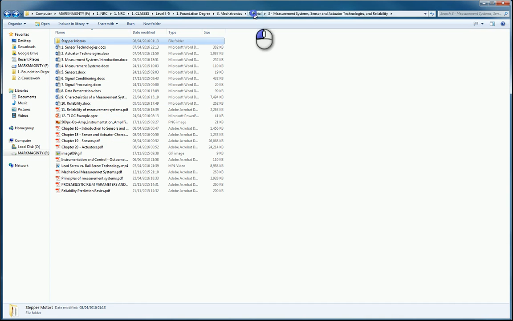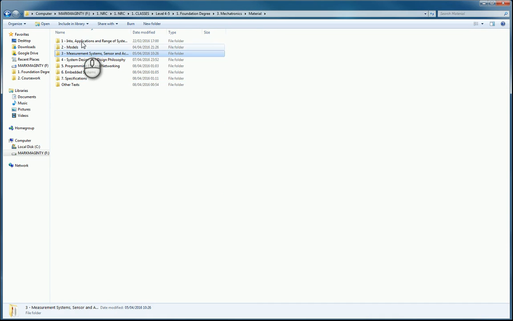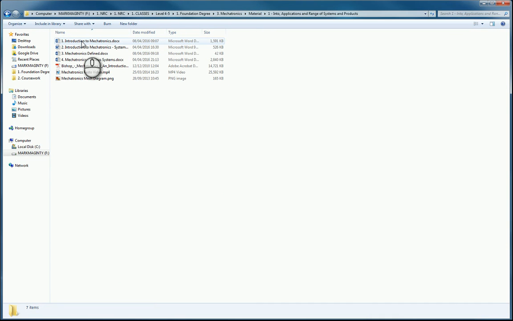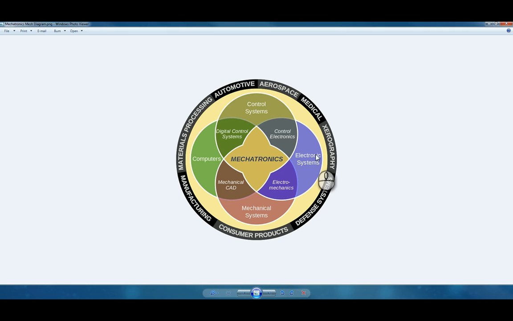As I said in the previous video, there's also the introduction, being able to describe what mechatronics is, various definitions, various systems all described in there, being able to talk about the mesh diagram, understanding what the four or sometimes three elements of mechatronics are.